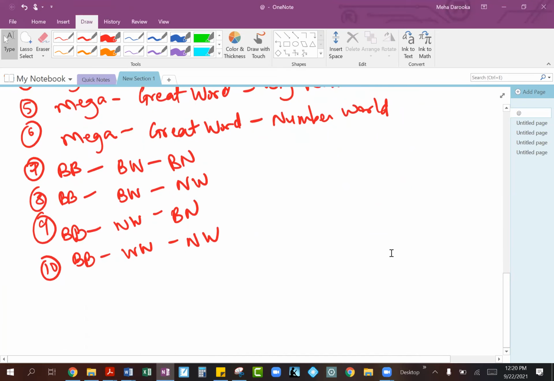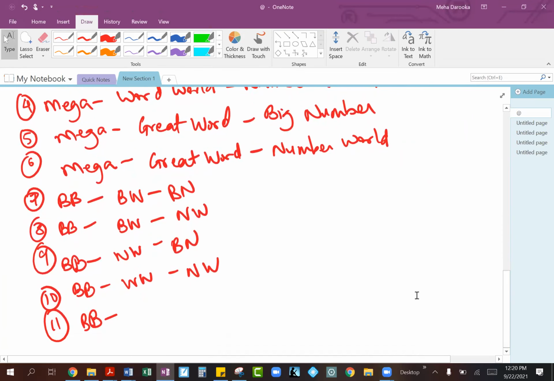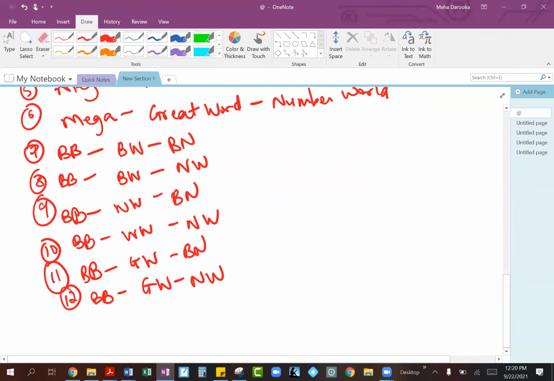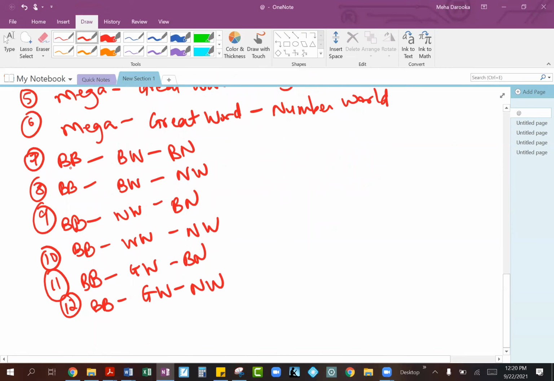And then Better Byte, what was after that? Great Word. So Great Word, Big Number. And your very last one, Better Byte, Great Word, and then Number World. So literally same combinations as the first 6, but now your very first computer, Mega, gets switched with the Better Byte.